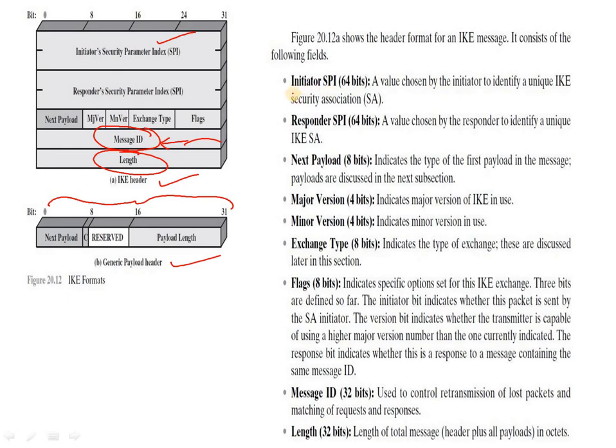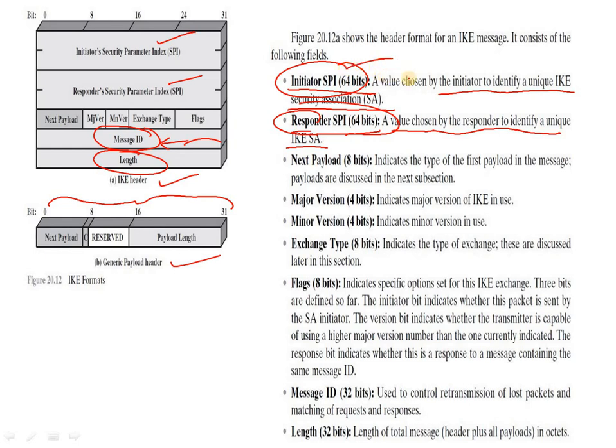You can see here the initiator SPI, the value chosen by the initiator to identify the unique IKE security association. Then this is the responder SPI. It is also 64 bits. It is a value chosen by the responder to identify the unique security association. The initiator SPI is the value chosen by the initiator, and the responder SPI is the value chosen by the responder.